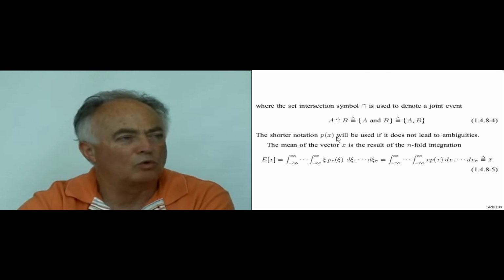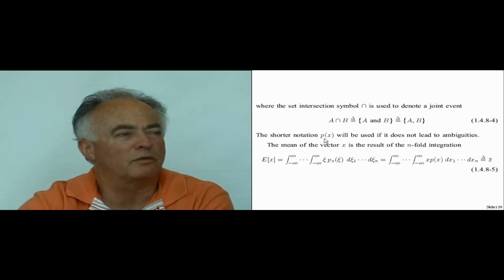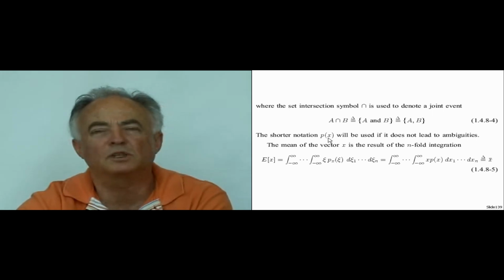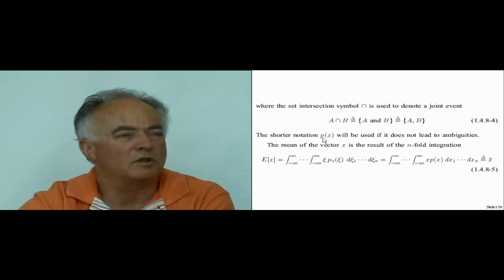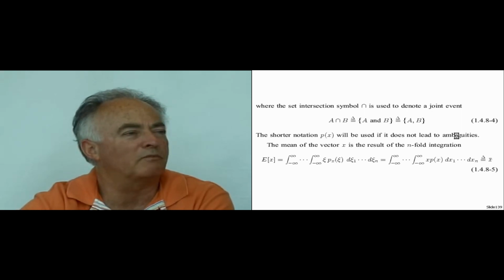We'll continue using this unsubscripted notation where the argument of the function P really defines which function P we are talking about. If there is an ambiguity, we'll add subscripts to remove it.